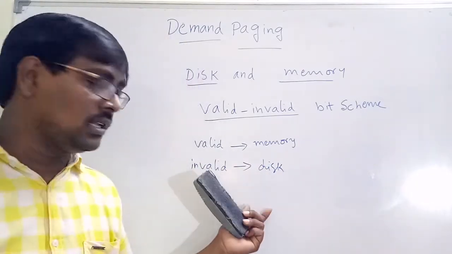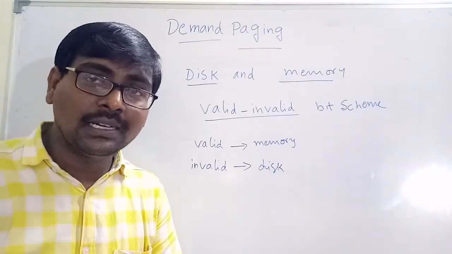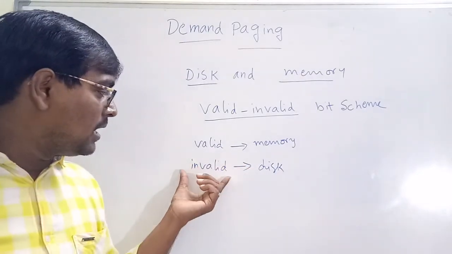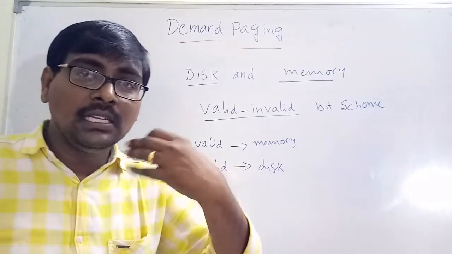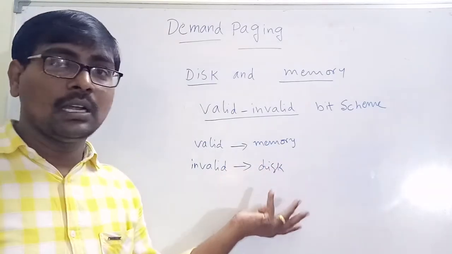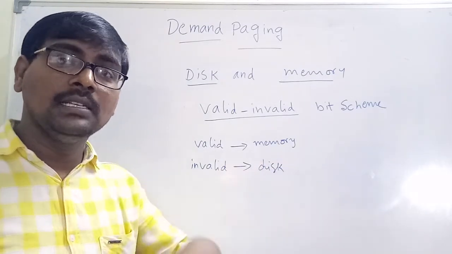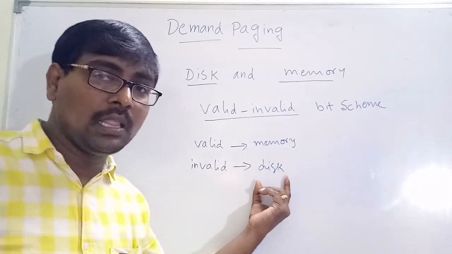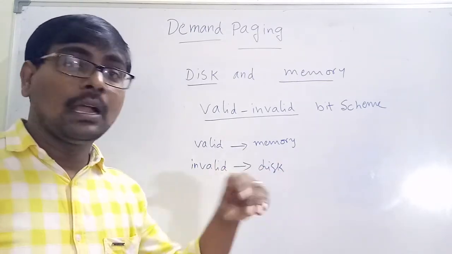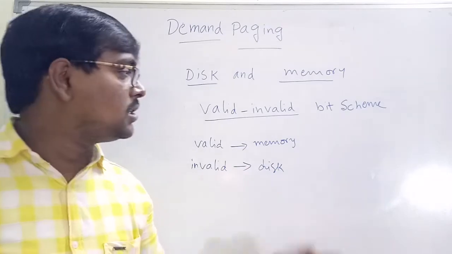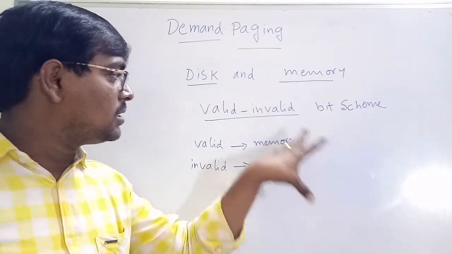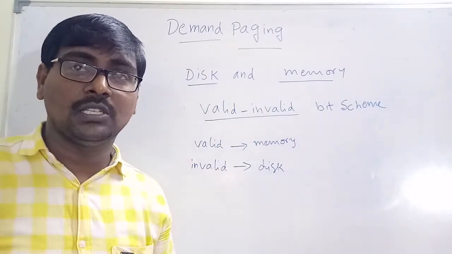That is, invalid means the page is legal but it is not available in the memory, or completely the page does not exist. This is the valid-invalid bit scheme.